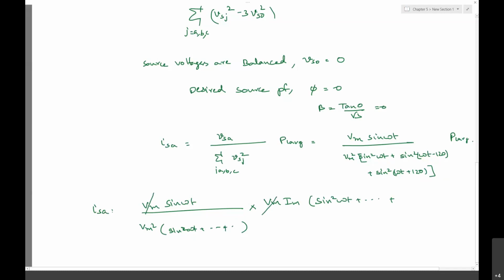Vm square cancels and this expression cancels. What we get is ISA equal to Im sine omega t.